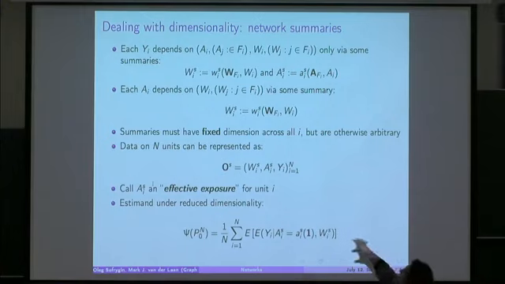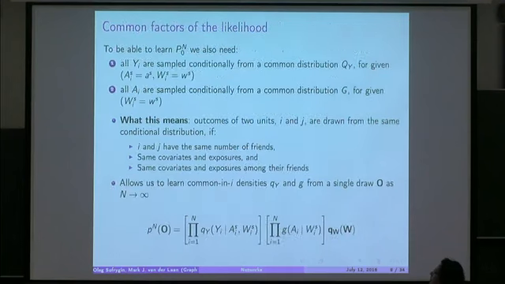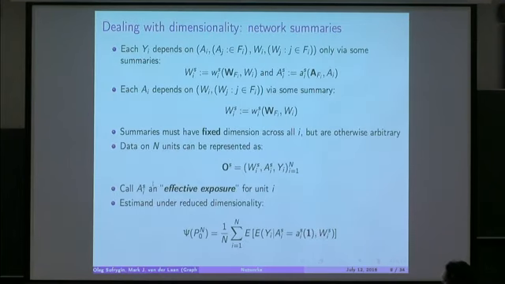And we can also summarize our data in a very succinct way now by simply replacing the baseline covariates on unit i with the summary of the baseline covariates and the exposure with the summary of the exposure, and we'll refer to this Ais as the effective exposure, meaning that it's the exposure that is effective for this unit i that summarizes all I need to know about the other people's exposures.